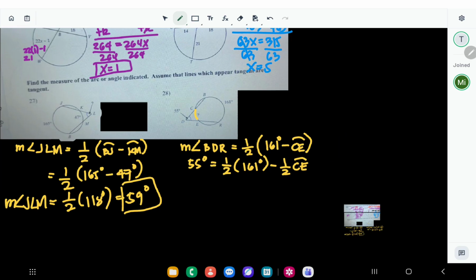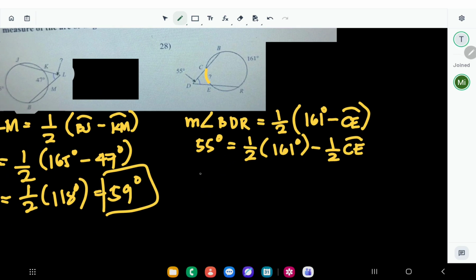So we can find CE. Then 55. What is 161 divided by 2? Okay, 80.5 minus 1/2 CE.